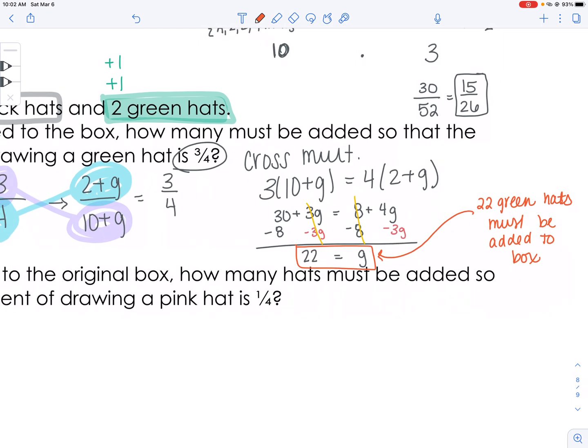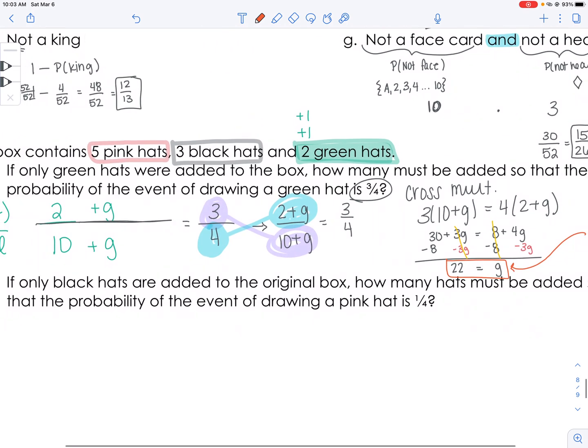Which says that now in my original problem, instead of having 2 green hats, I add 22, so that would give me 24 green hats, and then 3 black hats, 5 pink hats. That would give me a total probability of 24 over 32.